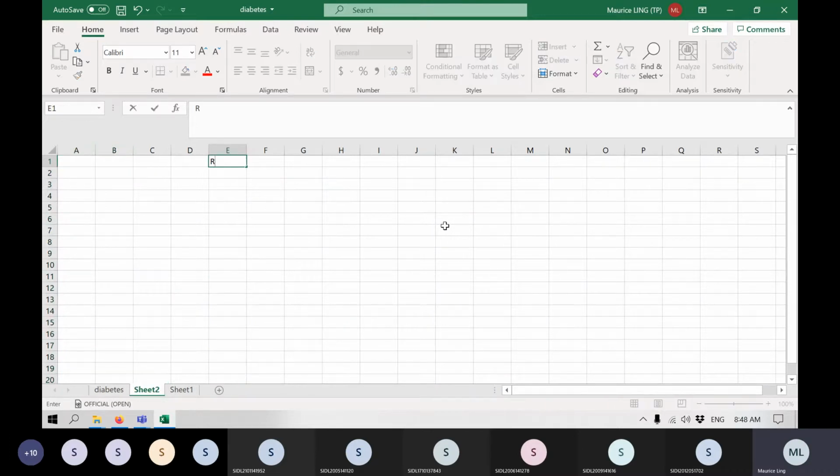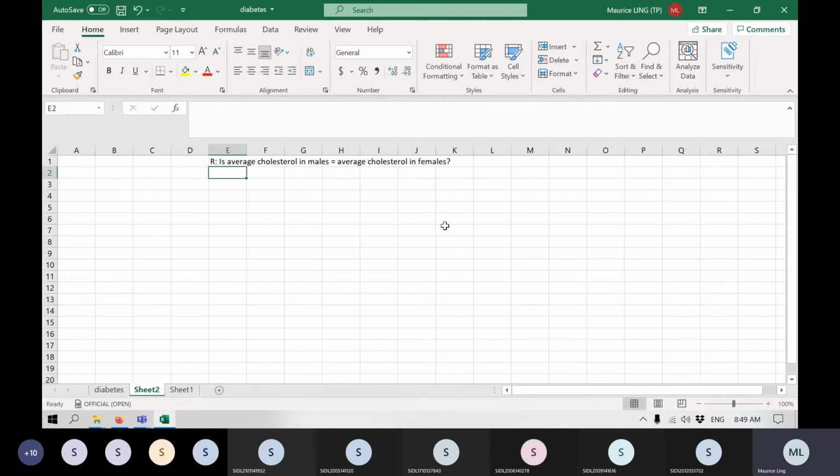Let's say that my research question is this: is the average cholesterol in males equal to the average cholesterol in females.